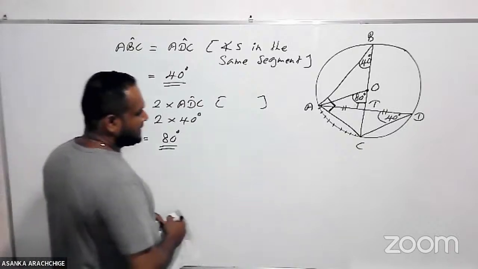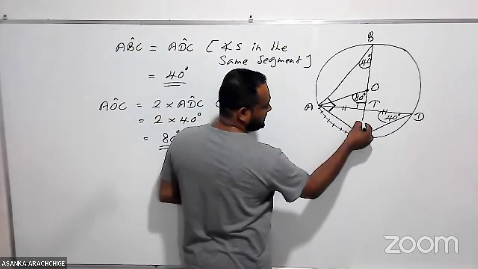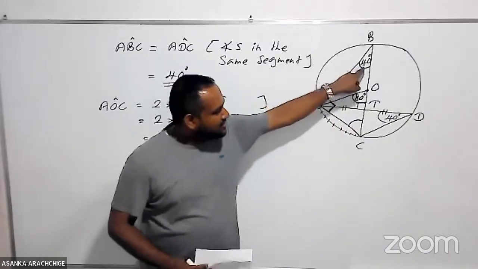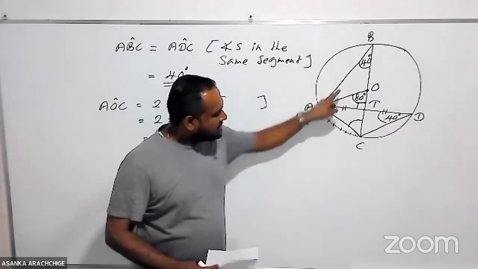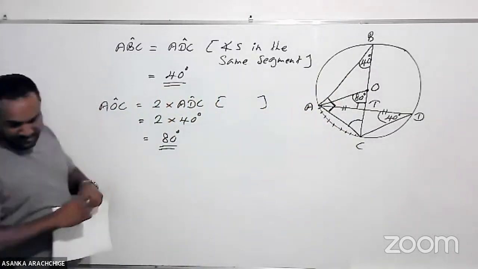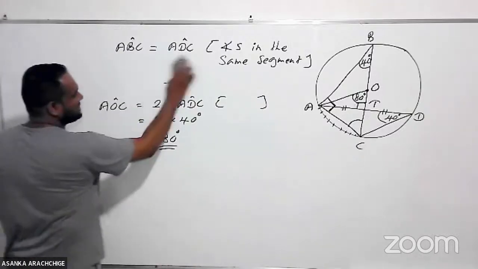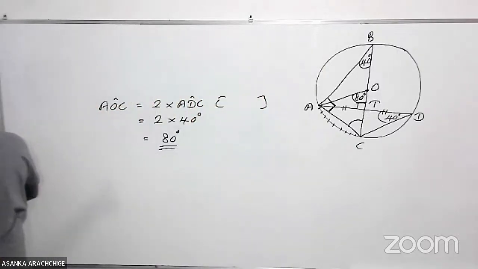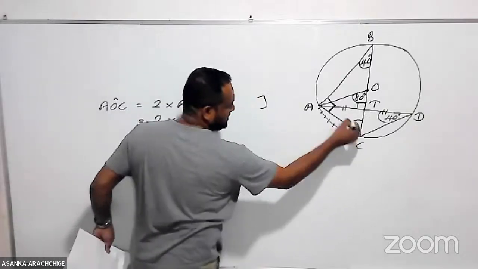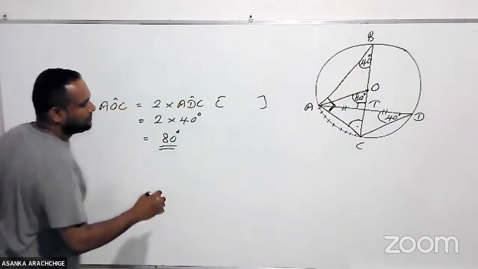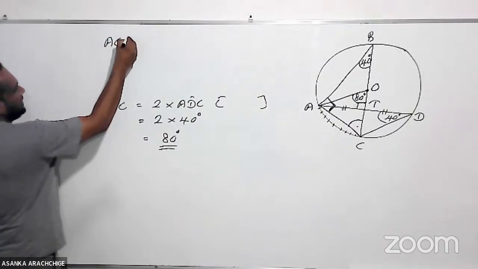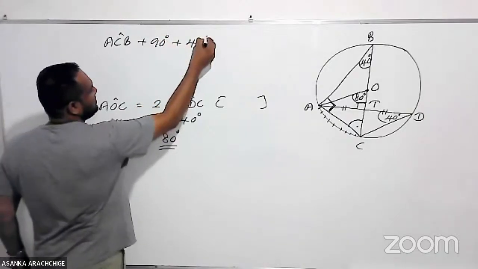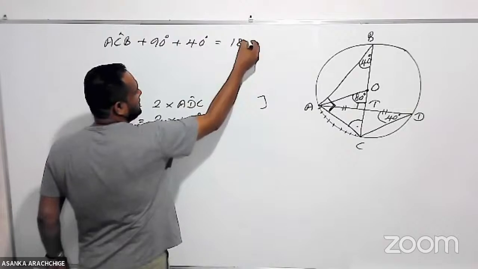ACB. This is ACB. Very simple. This is 90. This is 40. ACB plus 90 degrees plus 40 degrees has to be 180.